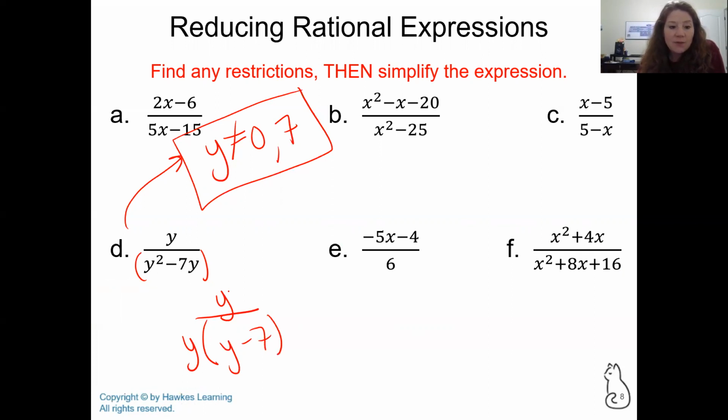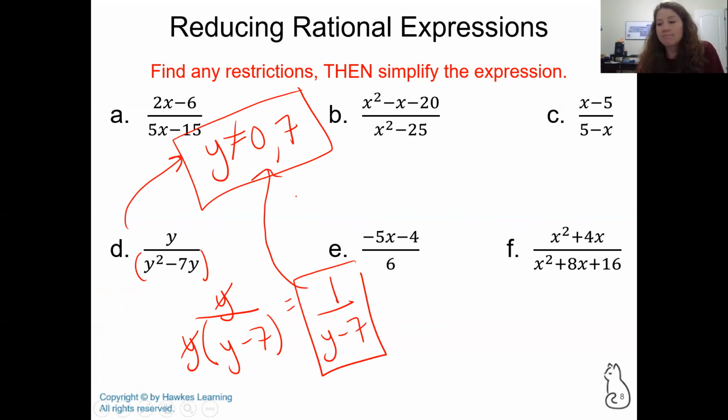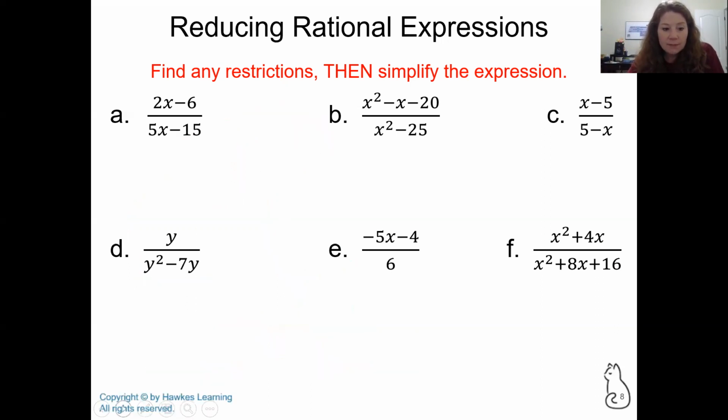And now these are both factors, so I can cancel out y divided by y is 1. So my final answer is 1 over y minus 7, which is fine because it doesn't go against my restrictions. All right, moving on.